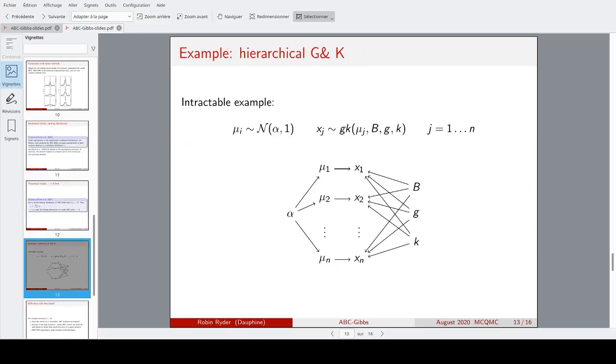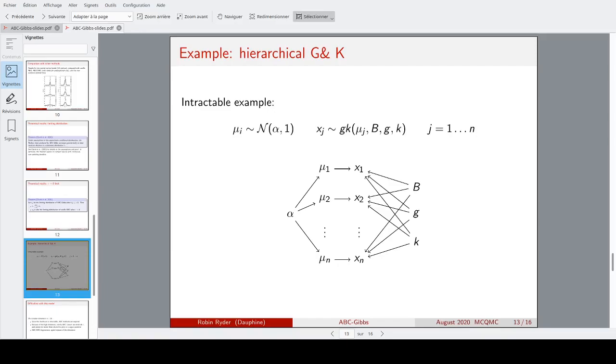Okay, so now that this is established, I'll show you a second, more complicated example. So this is a hierarchical G and K distribution, which is intractable. Now, the G and K distribution is a standard example in the ABC literature because it's a distribution which is quite easy to define and to simulate from, but which isn't available analytically.